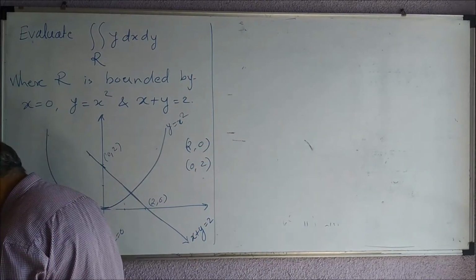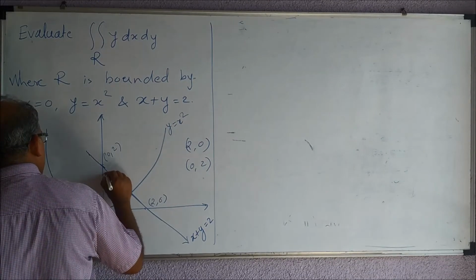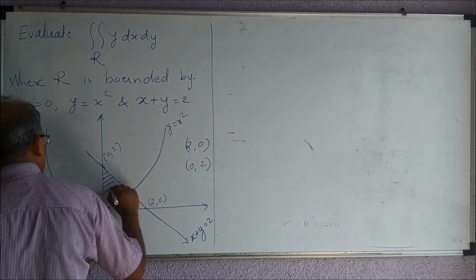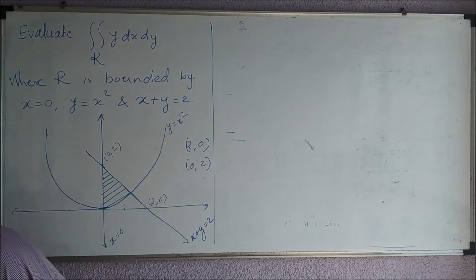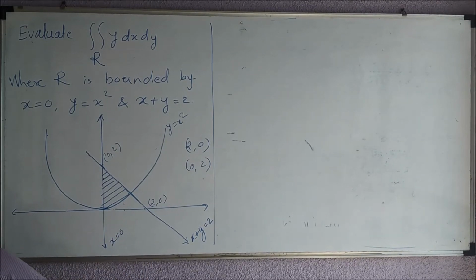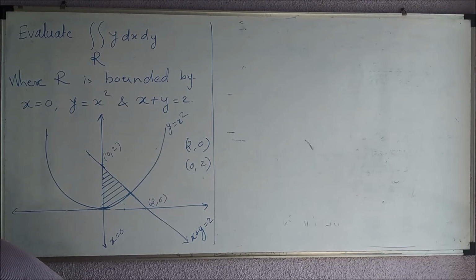So we can draw x equal to 0, y equal to x square and the line.